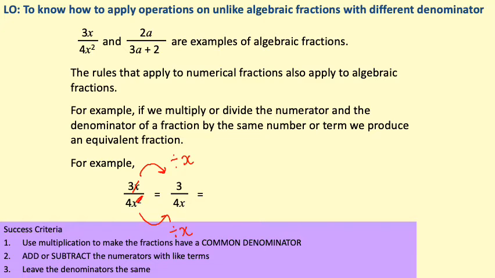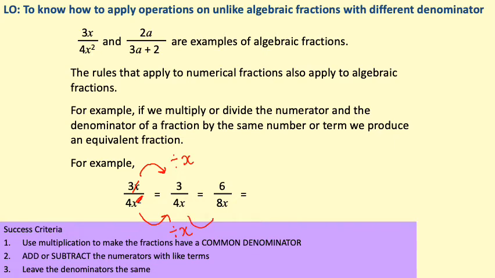So we don't know what the x is, but it's almost as if we were taking out a factor of 2. It's the same theory, in essence, except we don't know what the x is. But we've divided the top and the bottom by the same.